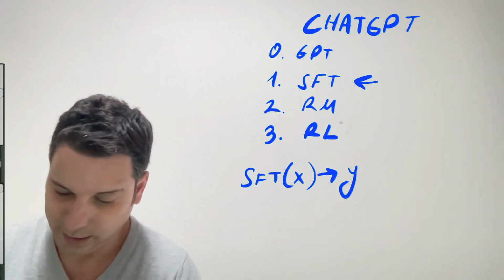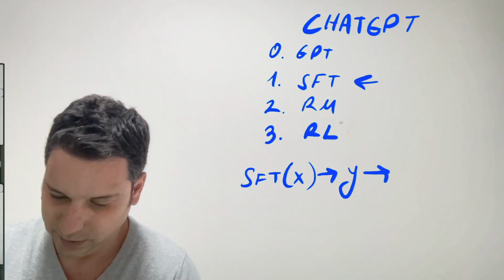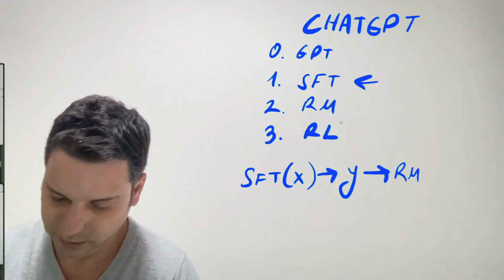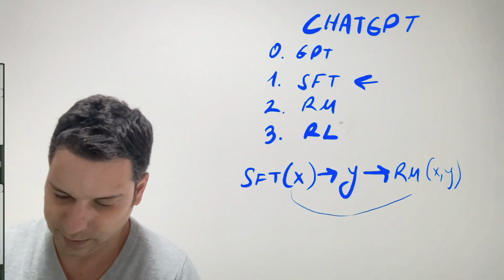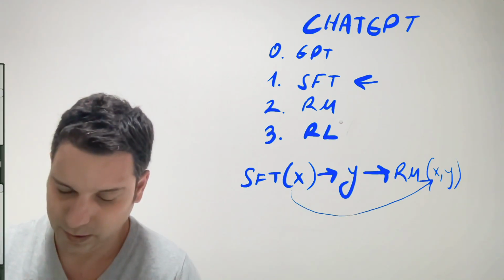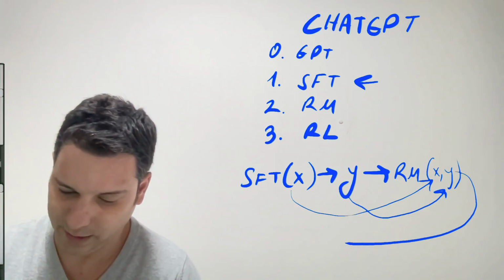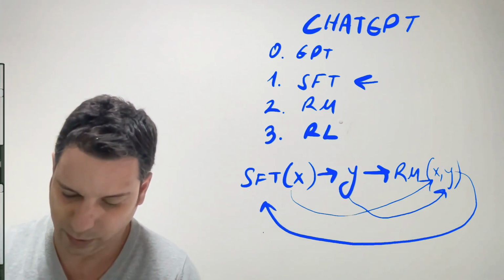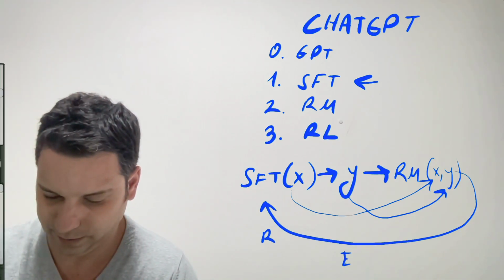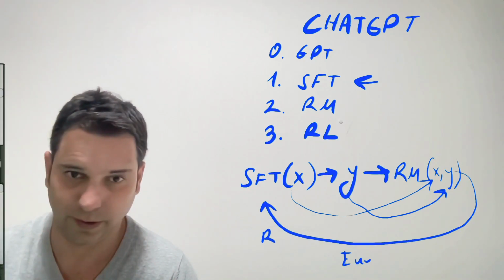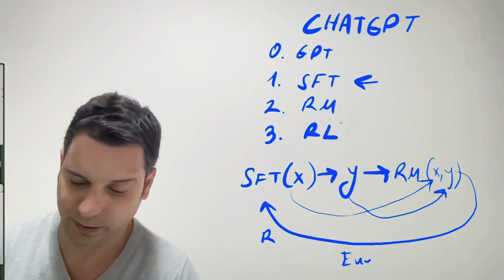And then we take it to the reward model. Remember, it gets the prompt and the answer. This is the prompt, this is the answer. And it gives back the reward, which is basically the environment of the reinforcement learning.